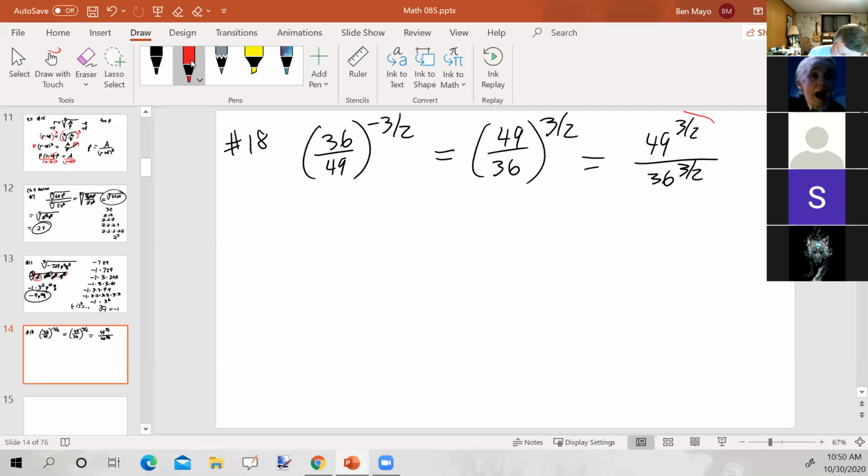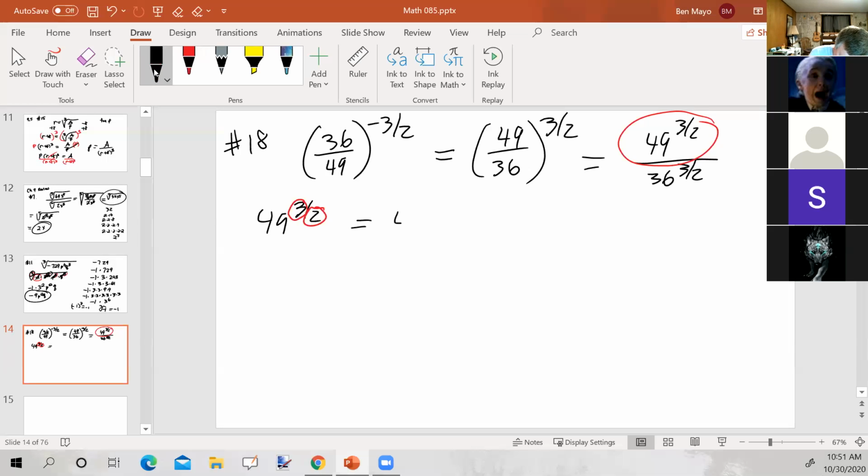Let's focus on just the top piece for a minute. 49 to the 3/2 power. So there's two things I'm going to do. I'm going to cube that base, and I'm also going to take the square root of it. As long as they both are real, I can do them in either order. I'm going to take the square root first because that will be easier to do.